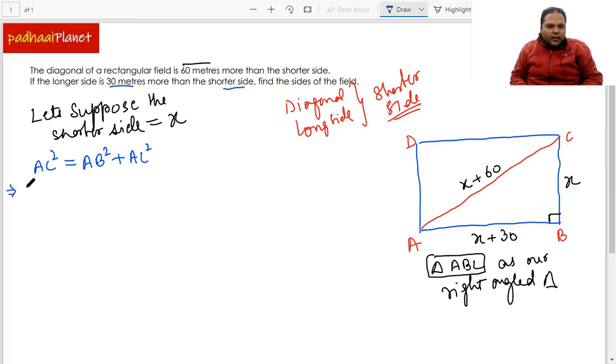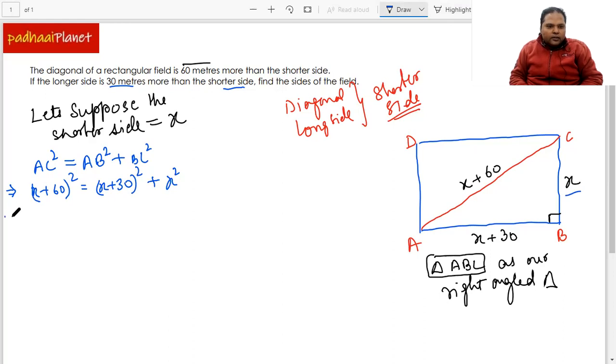So AC square means x plus 60 whole square equals AB square, that means x plus 30 whole square, and BC square. So BC is x, so this is x square.